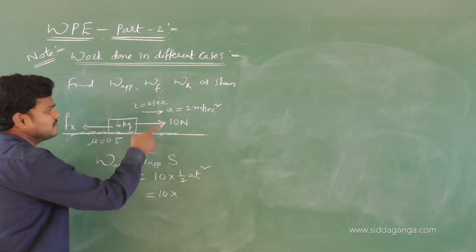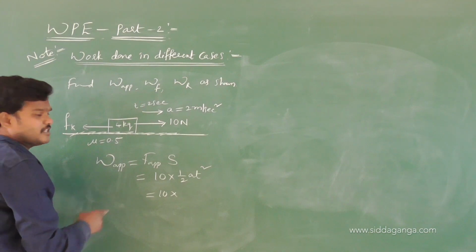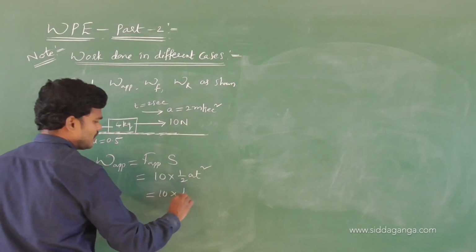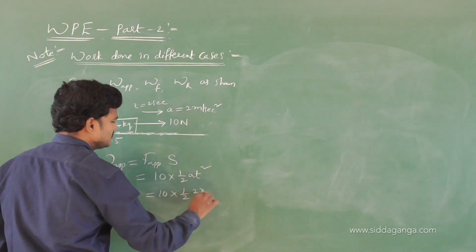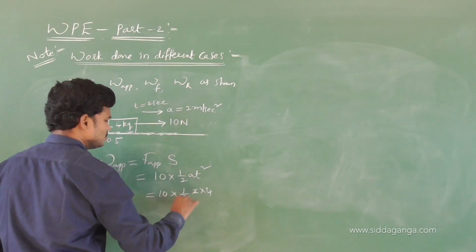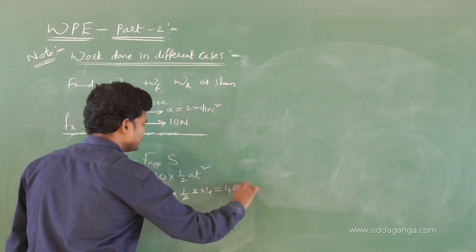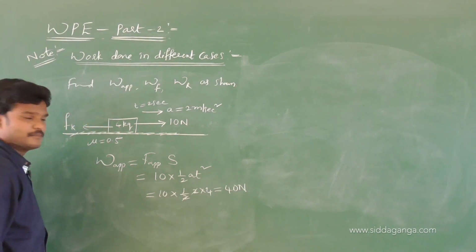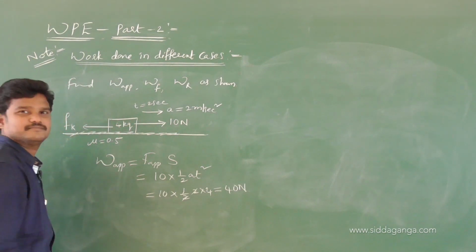If S is not given, they will definitely give a and t, then you convert this S into half a t square. So how much is the work done? 10 Newton, sorry, 40 Newton.